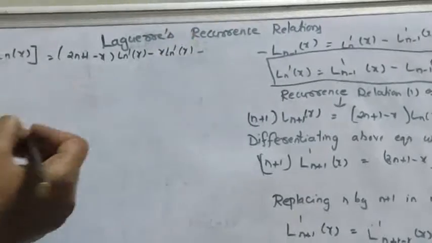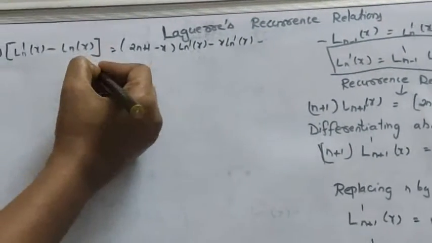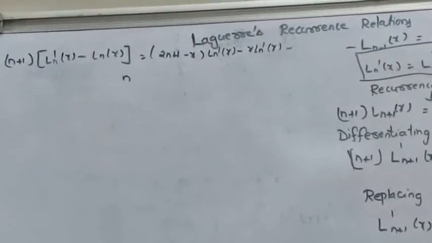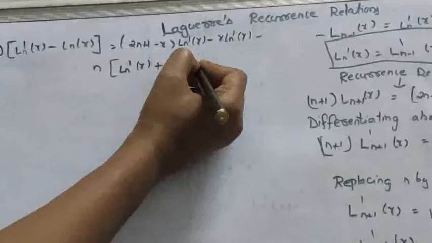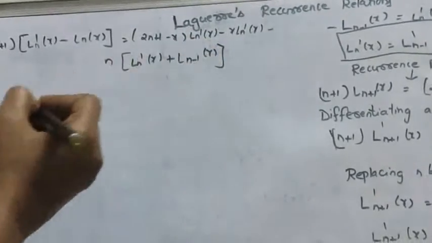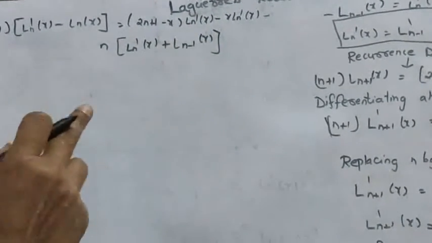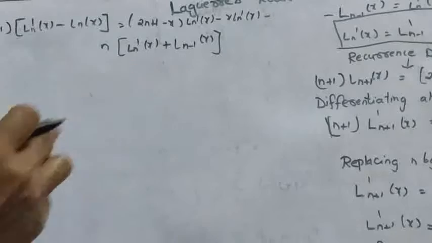Next minus n, what is ln minus 1 dash of x? This term. ln dash of x plus ln minus 1 of x. Just I have substituted equation 4 and 5 in equation number 3. Then we got this equation.